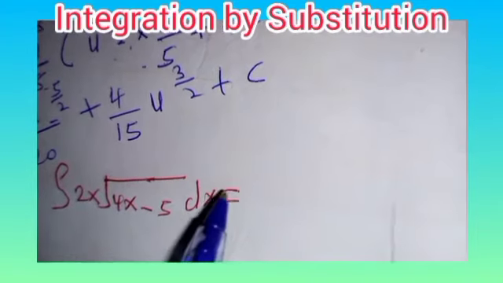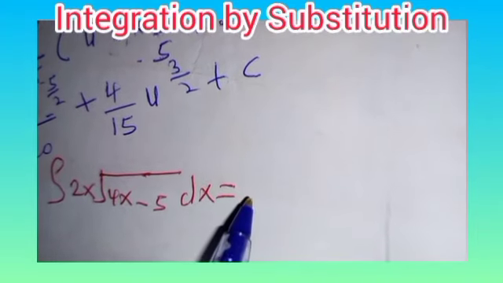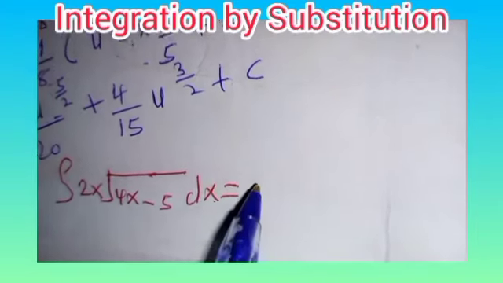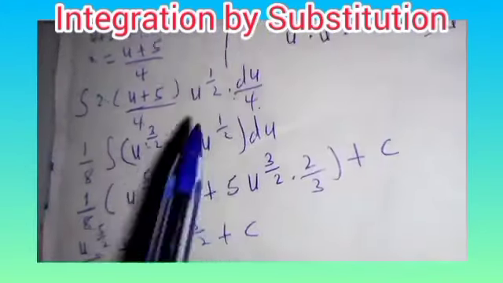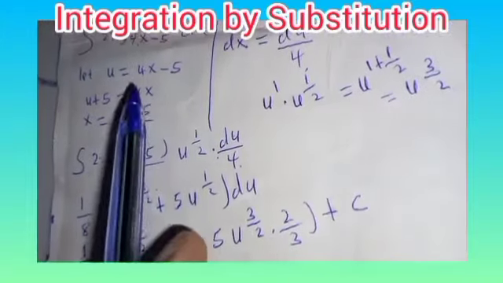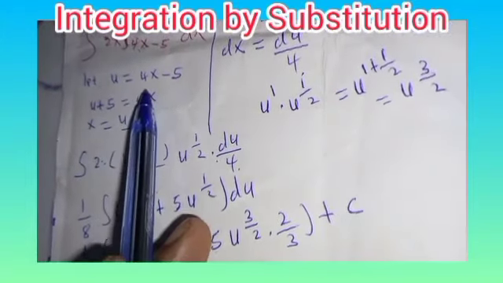From there now we can substitute our constant. So our integral of 2x into bracket 4x minus 5 will be given by our u. We let our u be 4x minus 5.